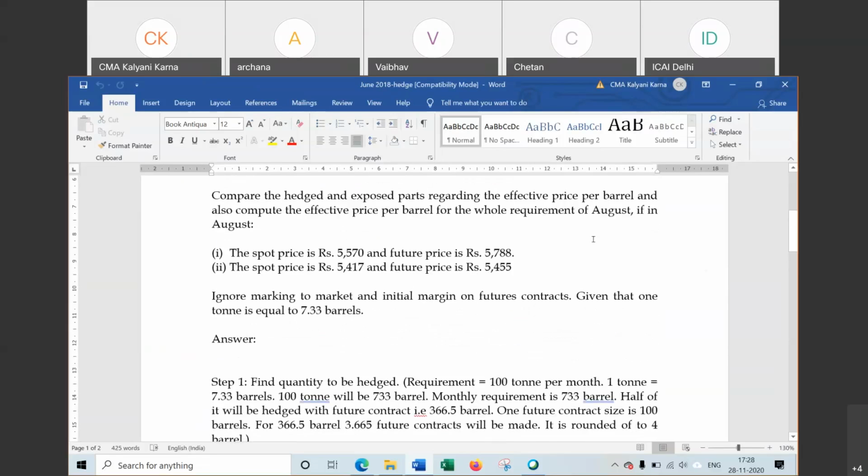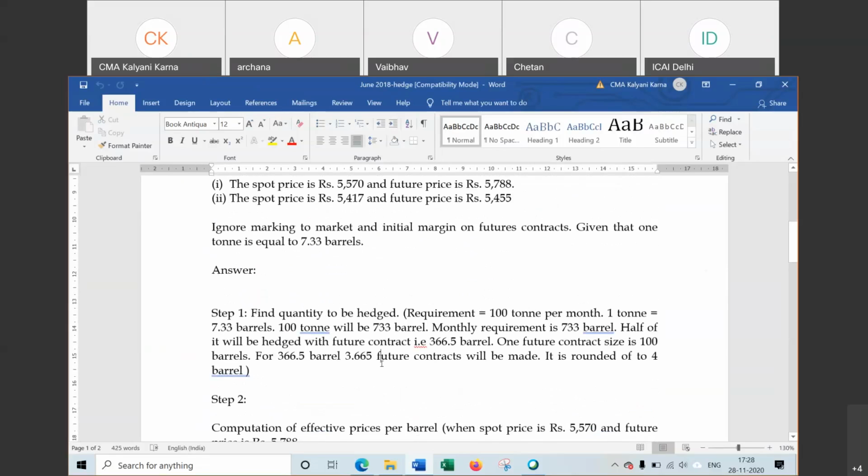And the question says to round it off. So for 366.5 barrel, one futures contract size is 100 barrel. The company requires to hedge 366.5 barrel and contract size is 100 barrels.